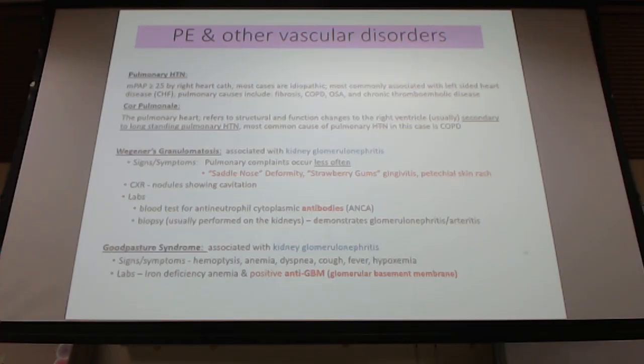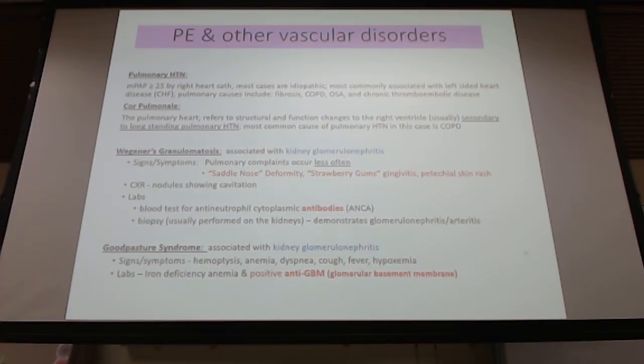The same thing that happens to the left side of the heart in hypertension, where that heart's squeezing that blood out and the changes happen to the heart where you get that left ventricular hypertrophy. This is the description of those changes on the right side of the heart. And that term is called cor pulmonale.